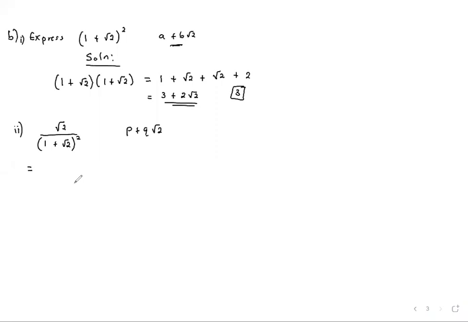So your first task here is to remember that this thing is what you are doing. So just place it: 3 plus 2√2. No need of wasting time. Should you want to expand, that's your issue. You can expand. As long as you get it, you can use it.